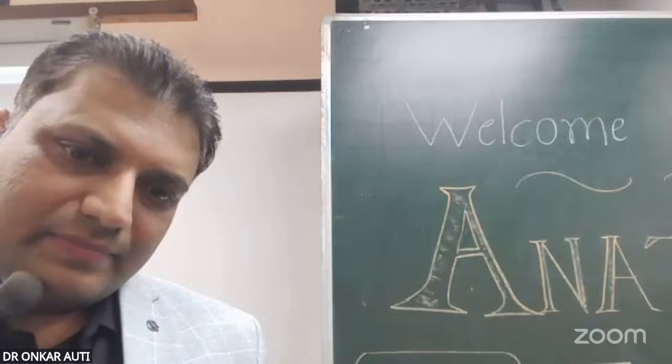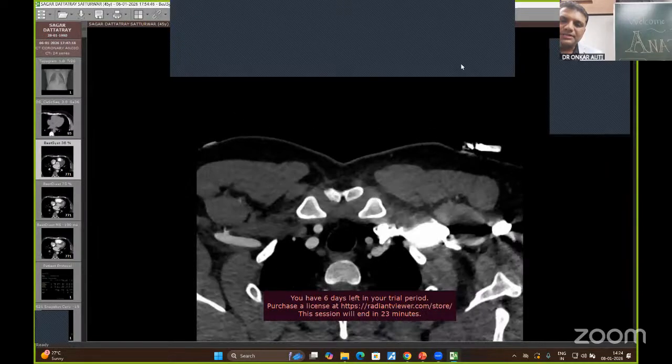Okay, so is this side left or right? Left. You are able to see my cursor, right? Okay. So the IV line is put in the left antecubital vein. Now you can see this bright blush of the contrast over here. Can you see this blush of contrast? So we'll follow this contrast.